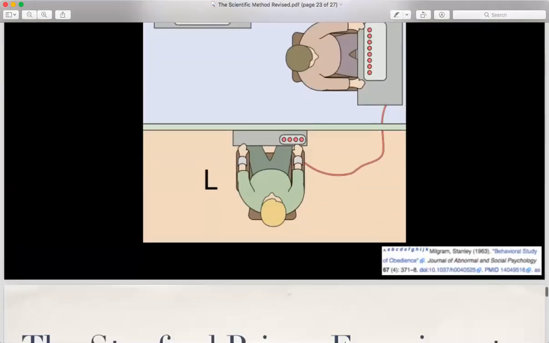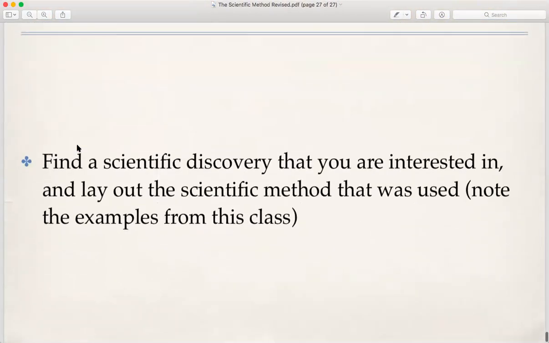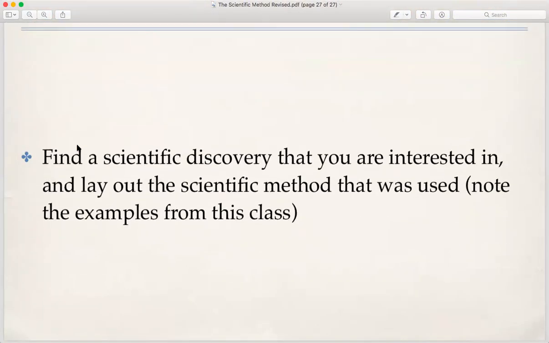But I do actually have an assignment for you. The assignment is, I want you guys to think about how we went through that process. I asked you a question, you came up with a guess, and then you came up with a prediction, and we tested it together in this made up world.